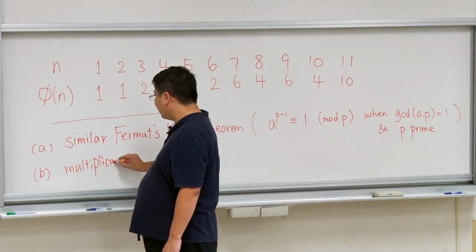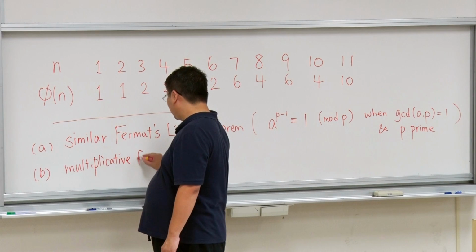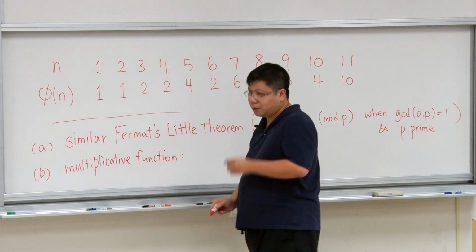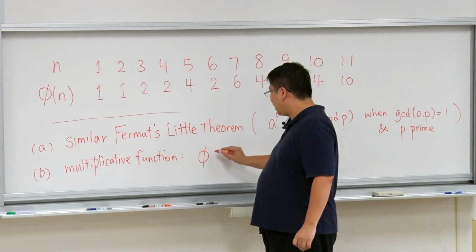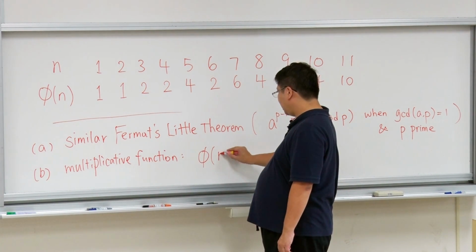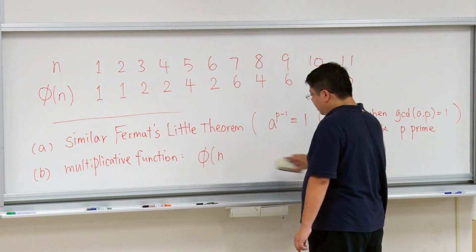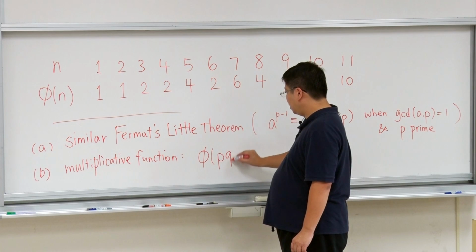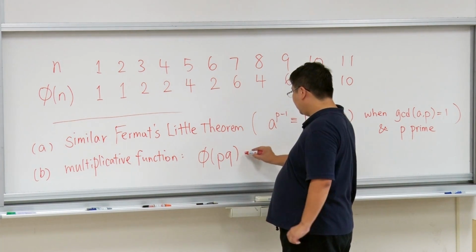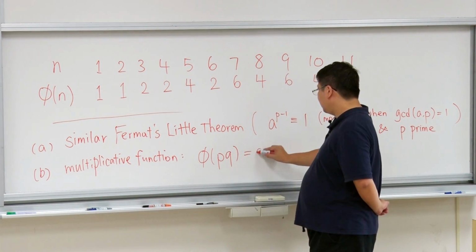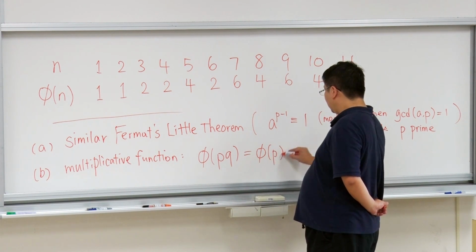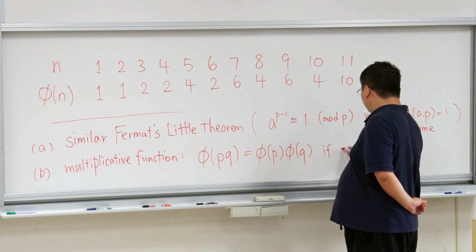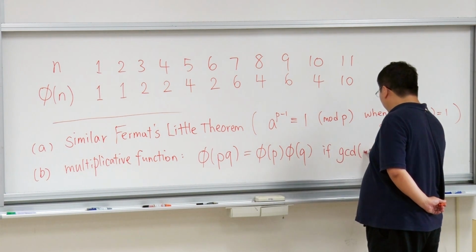What is meant by multiplicative function? So phi of pq is equal to phi p times phi q if the GCD of p and q is equal to 1.